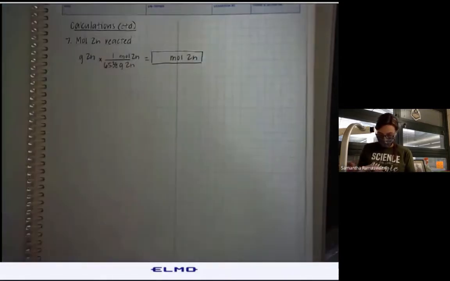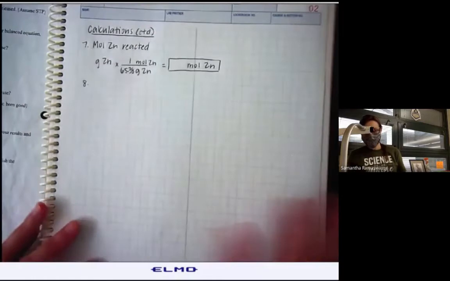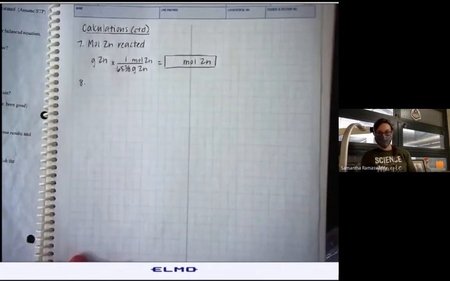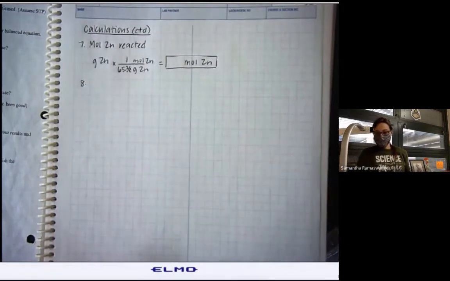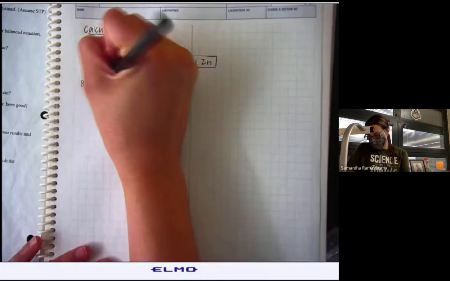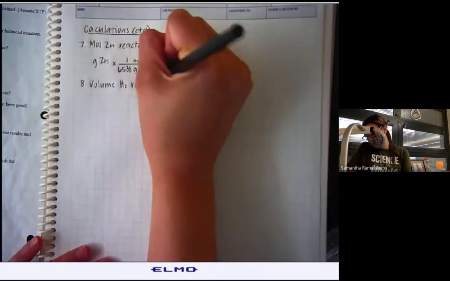Number 8. Let me flip this around. So number 8 says using your balanced equation from the pre-lab. So that gives us a hint as to where we should be looking. Determine the volume of hydrogen released. So let's label this calculation volume H2 released.